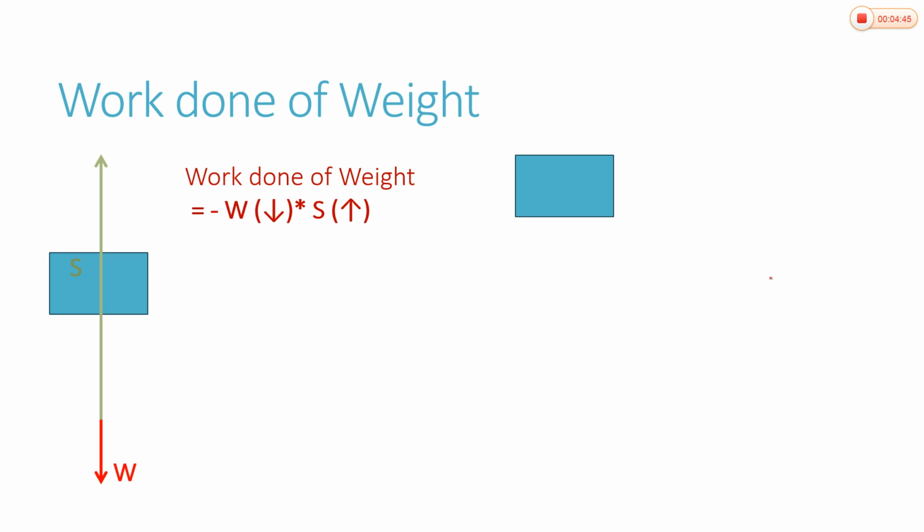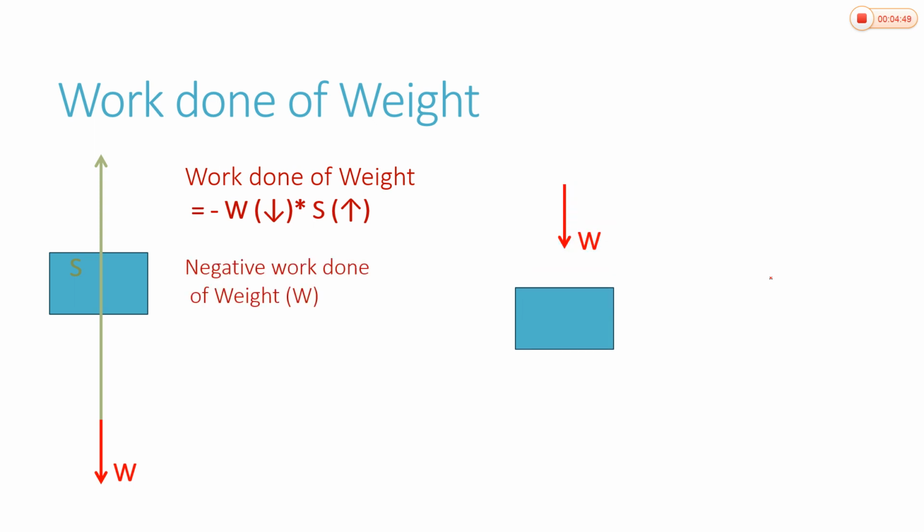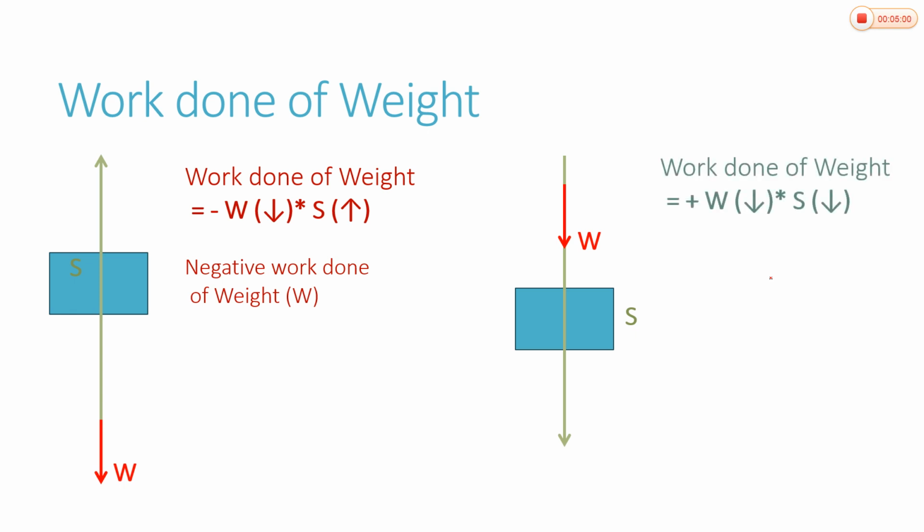We have another block having weight W, and here the weight is acting in the downward direction and the displacement is downward, so the direction of weight and the direction of displacement are the same. The work done for this case is the multiplication of weight and S, and as both act in the same direction, the work done of weight moving downward is positive.